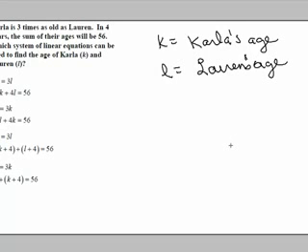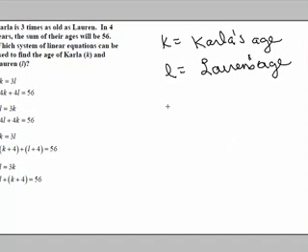That first sentence says Carla is 3 times as old as Lauren. So to get Carla's age, you would have to multiply Lauren's age by 3. So I know that Carla's age will equal 3 times Lauren's age.